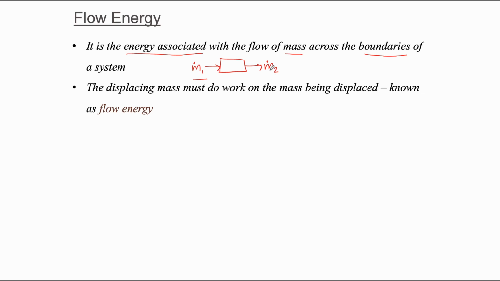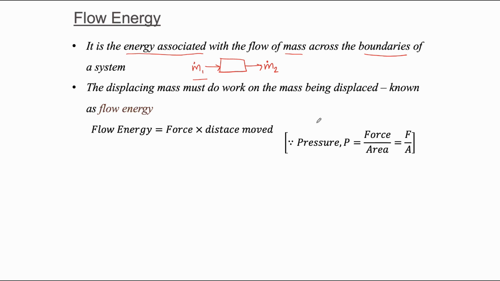To represent flow energy mathematically, we can write flow energy as force times distance moved. Since flow energy is associated with fluid, we can write force in terms of pressure. Pressure is equal to force applied over an area. So force is equal to pressure times area.